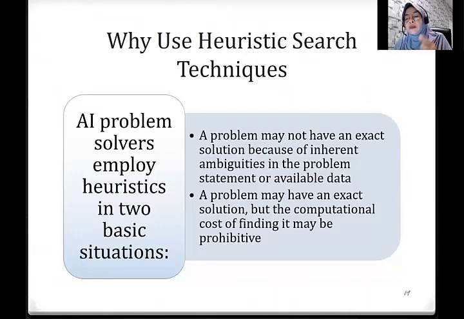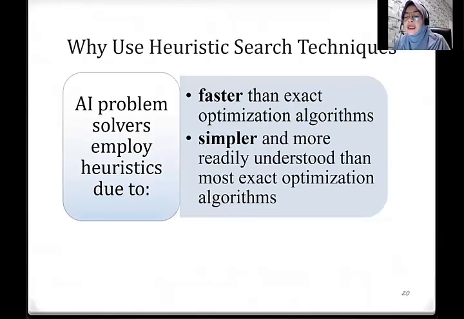Secondly, a problem may have an exact solution but the computational cost of finding it may be prohibitive. Why do we use heuristic search techniques? First, they are faster than exact optimization algorithms, and simpler and more readily understood than most exact optimization methods.